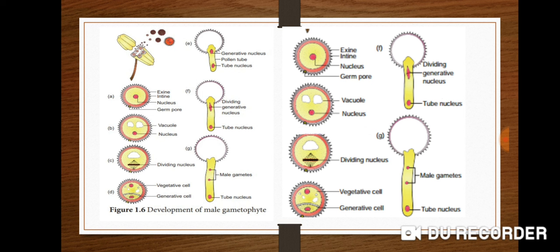The larger cell is known as vegetative cell and the smaller cell is known as generative cell. These two cells remain in the cytoplasm of the pollen. The generative cell at the early stage is hemispherical and it remains attached to the pollen wall. Later, it gets detached from the wall and becomes spherical.